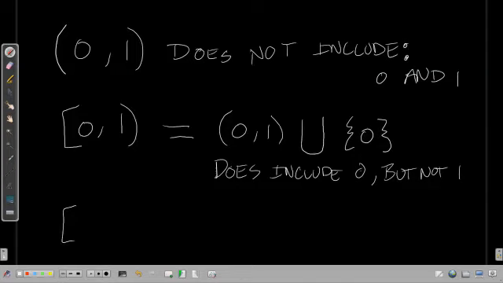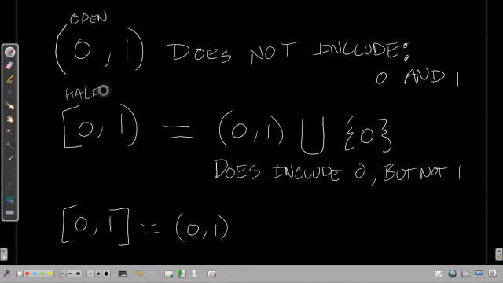If I had brackets on both of them, then this would be the open interval. It's called an open interval. This is the open interval from 0 to 1. This one's half closed. And this one's the closed interval.